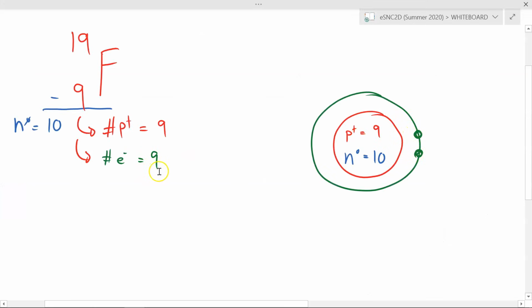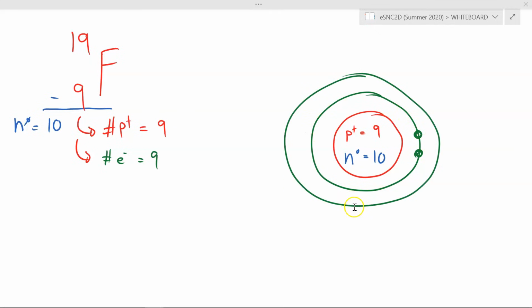I need to draw 9 in total, and there's no more room in the first shell, so I need to draw the second shell. Now, when it comes to the layout of electrons in the second shell and above that, I do care about where you put them. So what we're going to do is start in the north and draw our first electron up here. Then we're going to move to the east and draw our next electron here.